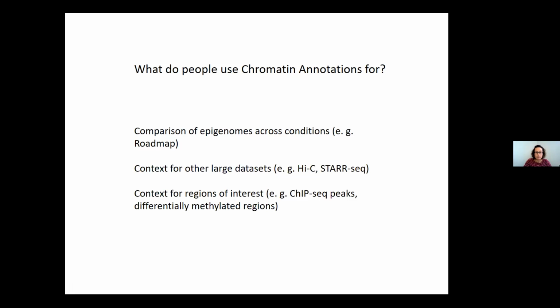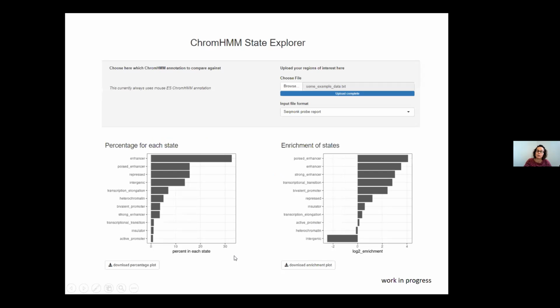And because I've had several requests for this from different projects, I would like to quickly introduce to you the Shiny project that I've started. This is probably currently only for the Babraham people, and it's really only a skeleton version at the moment. It only uses mouse ESC ChromHMM annotations.